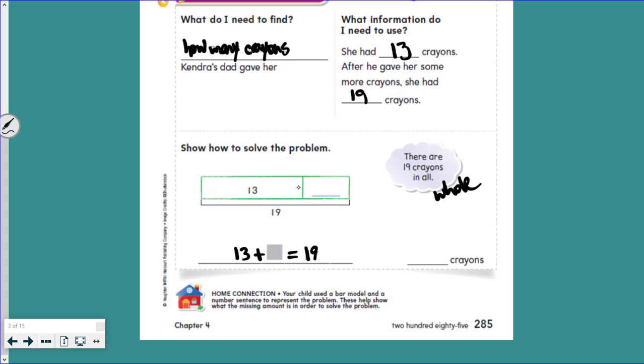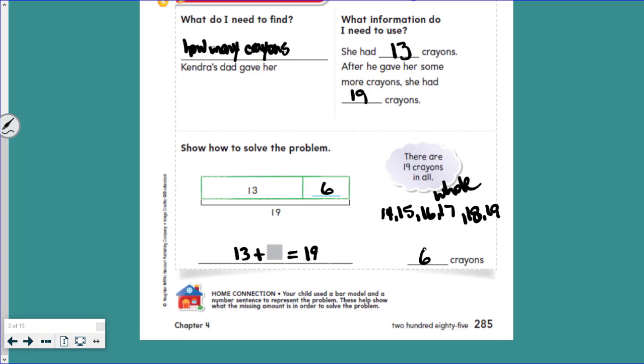We think what number comes after 13. So 13, 14, 15, 16, 17, 18, 19. Those are the numbers we say to count up from 13. We counted 1, 2, 3, 4, 5, 6 numbers. So 6. That means Dad gave Kendra 6 crayons.